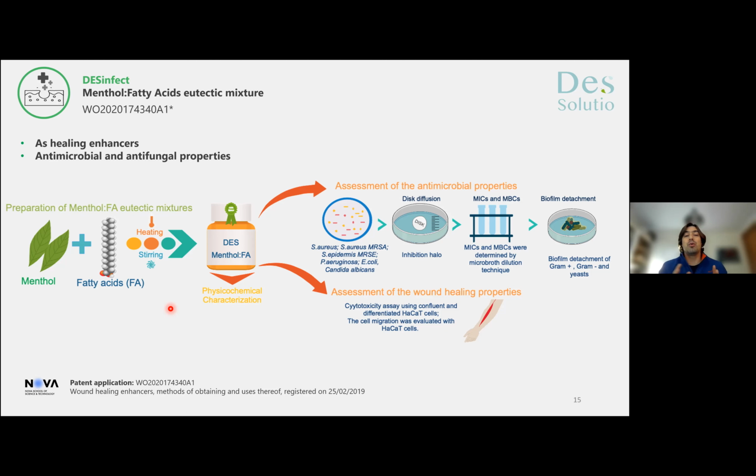Biofilm is basically the way that bacteria ensure their survival. When they start growing, they start producing this biofilm that is produced by the bacteria and allows them to protect themselves from the external environment. So they create this biofilm where they start growing, and then they are protected.